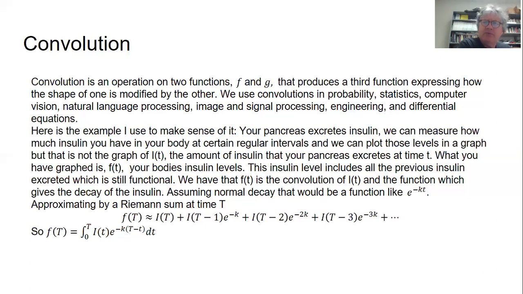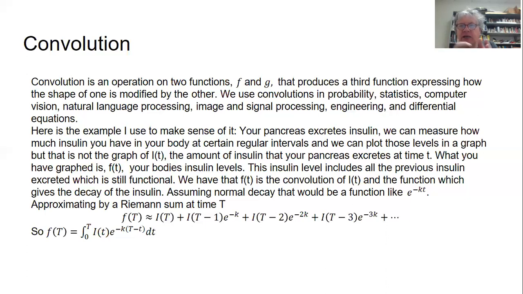And so we can see what's happening if we just do a Riemann sum to approximate the insulin in your body, right? The insulin that the pancreas is producing is some kind of rate, okay, it's amount of insulin per time period. So we're at time period t, so it's going to be the amount of insulin which is produced at that moment, and then the amount of insulin produced in the time step before that times e to the minus k.